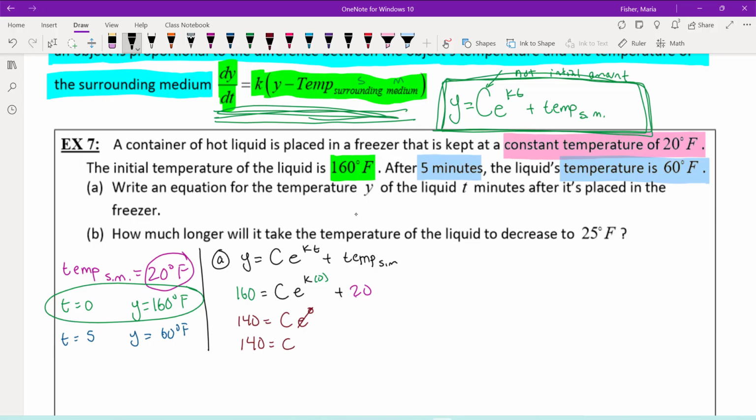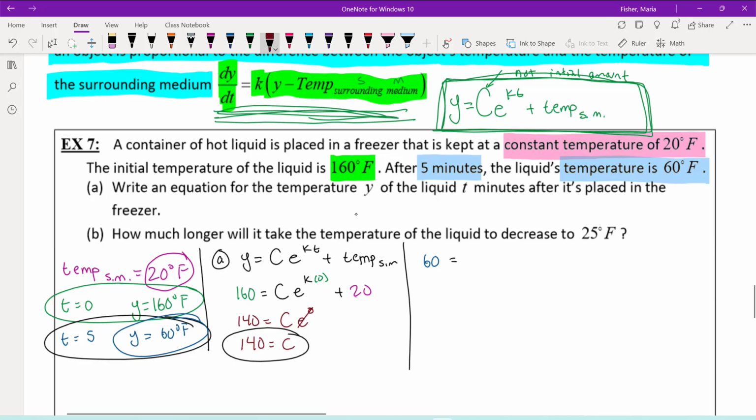So now we're going to use this bit of information and this bit of information to solve for k. We know that 60 is going to equal c, which is 140, e raised to the k times t, which is 5, plus the temperature of the surrounding medium, which is 20.